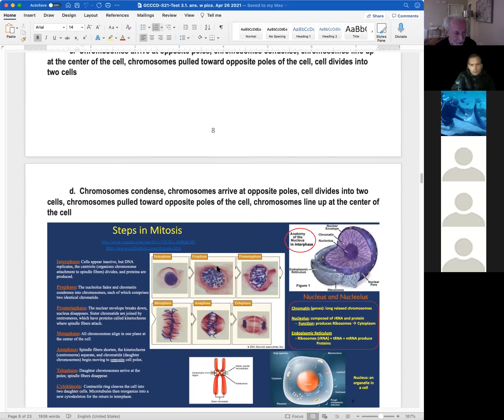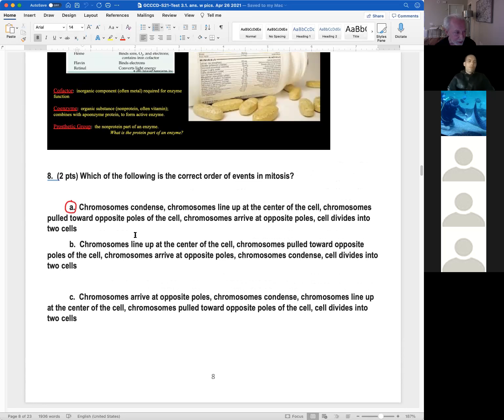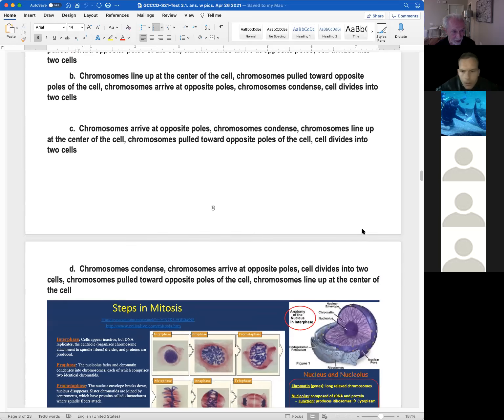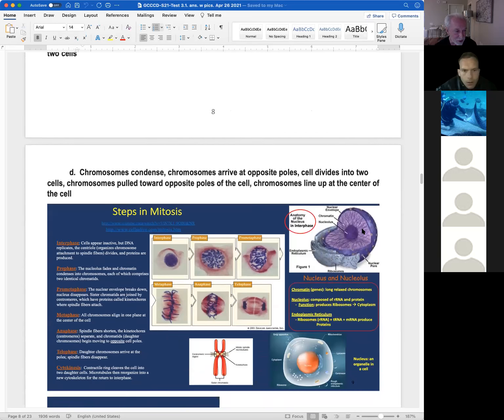What I did was write down all these steps and then scramble them, letting you then pick out the one that isn't scrambled. And that turns out to be the first one. Chromosomes condense, line up at the center of the cell, get pulled to opposite poles, arrive at the poles, and then the cell divides. And the other three are all perversions of that.